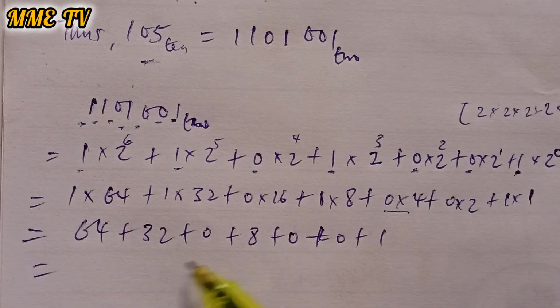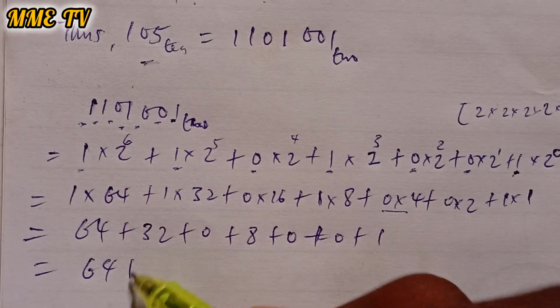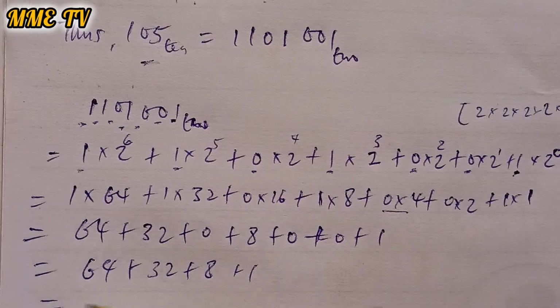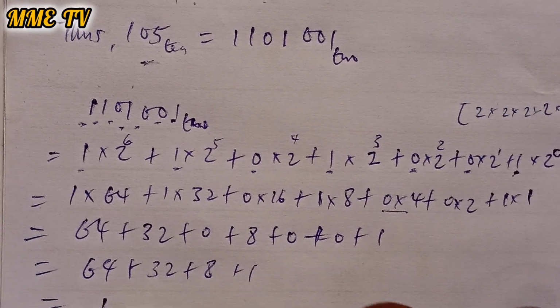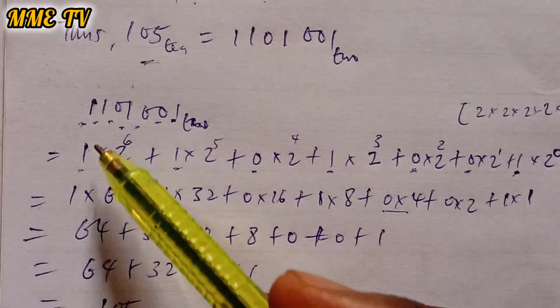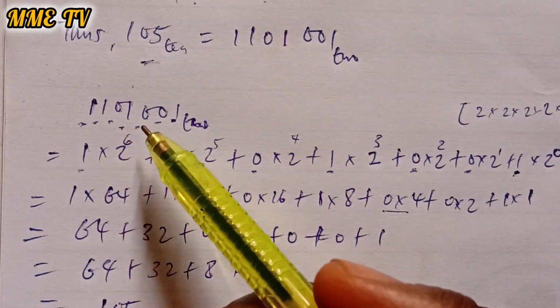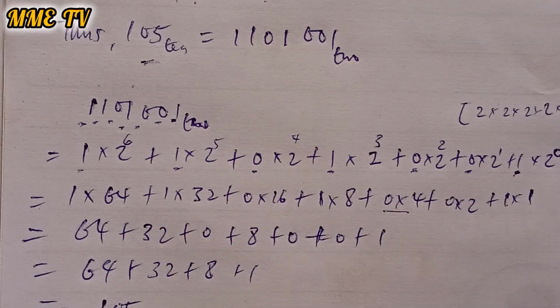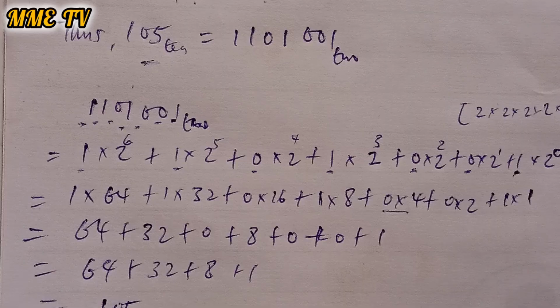So what you have left now is 64 plus 32 plus 8 plus 1, which will give us 105. Now we've reconverted 1101001 base 2 back again to 105 base 10.